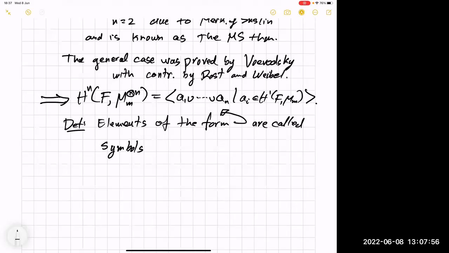And I like to denote it, instead of writing the cup product every time, as something like this, (a1, ..., an). And I would like to add some index to it, let's say m, to denote the fact that it's coming from H^n(F, mu_m tensor n), the degree of the root of unity that we're using.